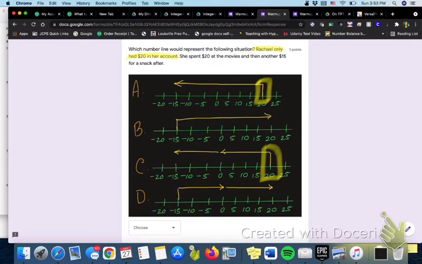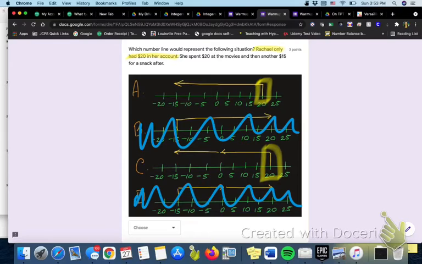Even though B and D start at a number and end up at 20, same thing here: starts at negative 15, ends up at 20. So that's why we know that B and D are not going to be the right ones. I'm going to scratch those out so I can focus.